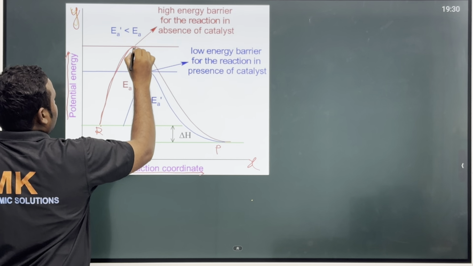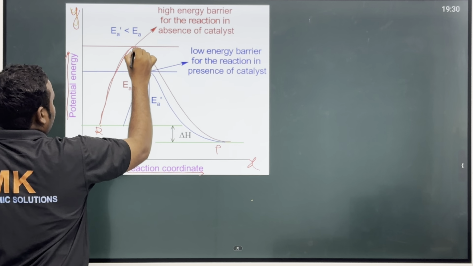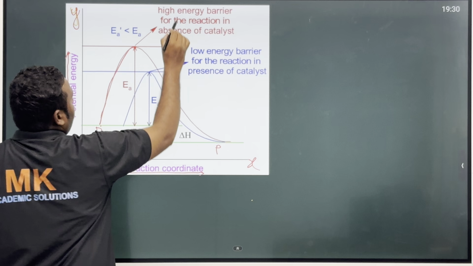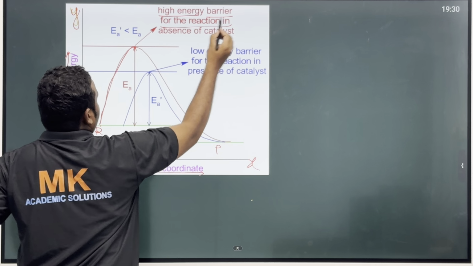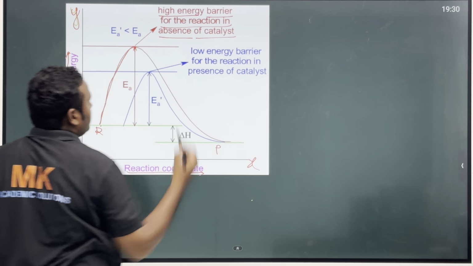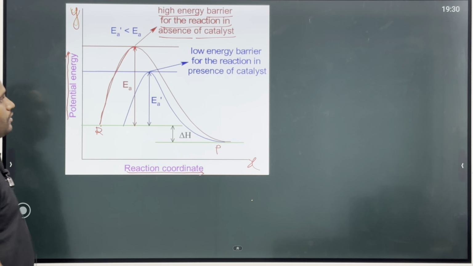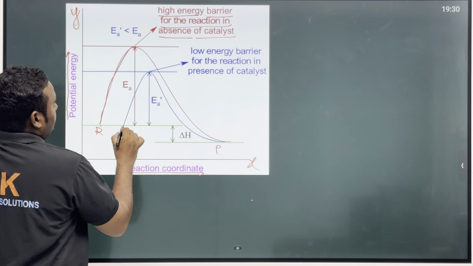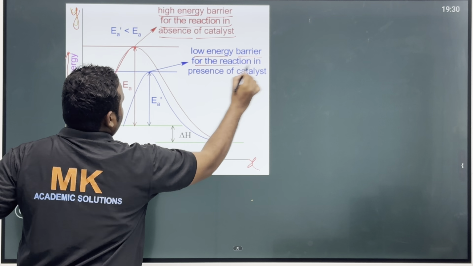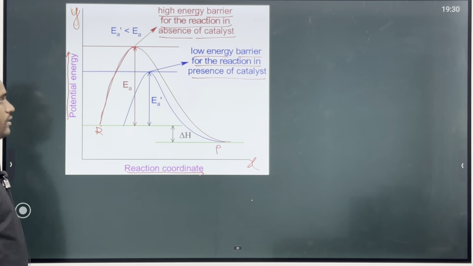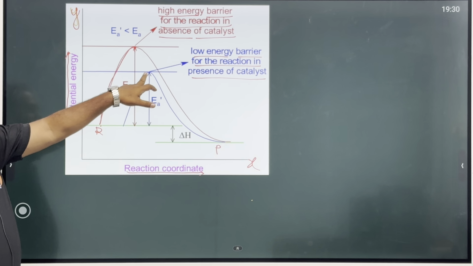This is the activation energy in path 1, the higher activation energy. Let us consider a higher energy barrier for the reaction in the absence of catalyst. This is the second path, a low energy barrier for the reaction in the presence of catalyst. This is a positive catalyst.